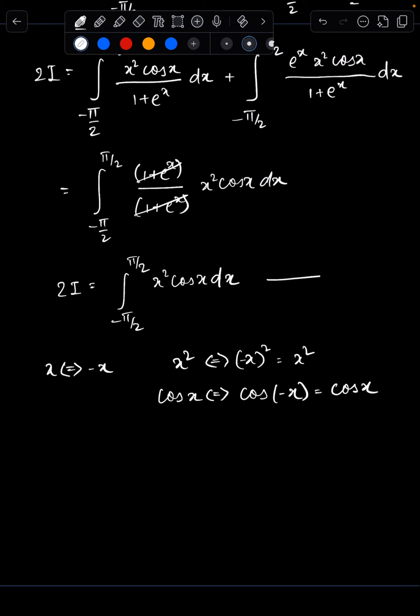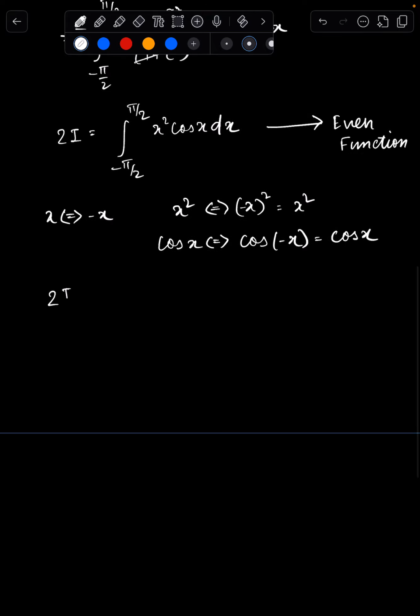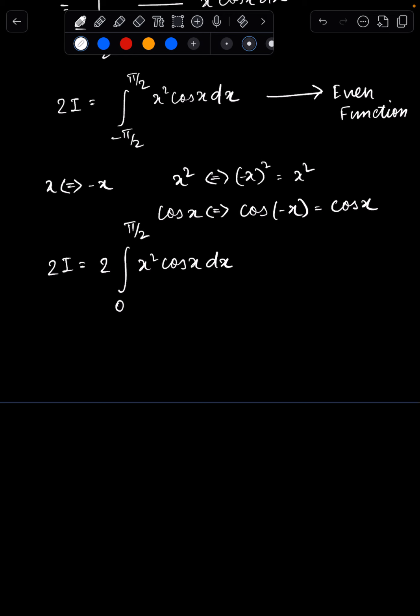So this expression is therefore an even function. So again I'll use the property of definite integrals, and I can write that 2I is equal to 2 times the integral over 0 to pi by 2 of x square cos x dx. Okay, so now my final integral looks like I is equal to integral from 0 to pi by 2 of x square cos x dx.